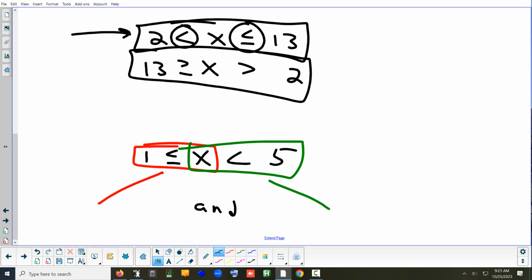Can somebody tell me what's the inequality in the red box? How do you read that one? Isn't it X less than or equal to 1? So what did you say, Eric? 1 is less than or equal to X. Yep.